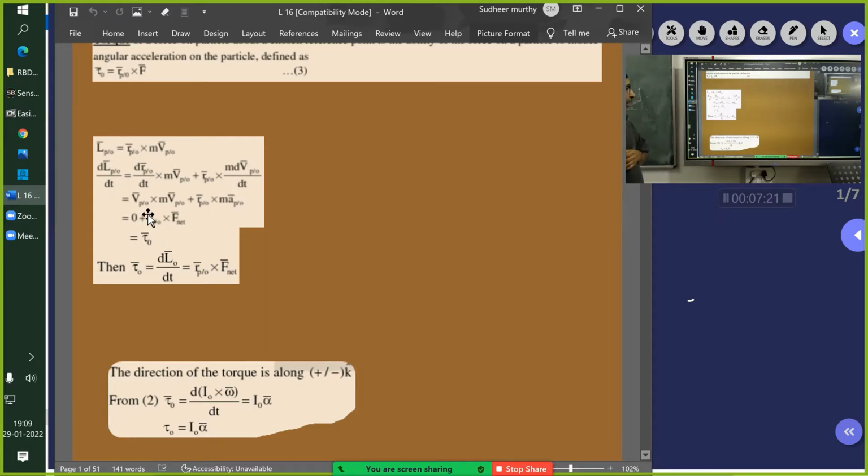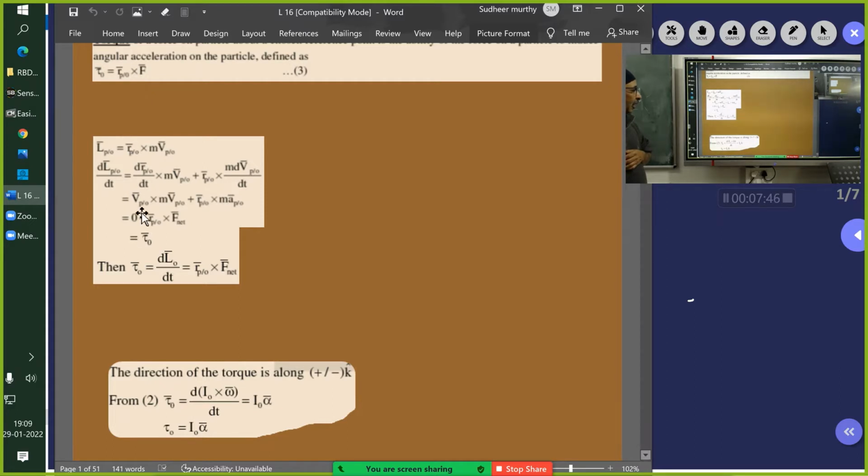You can see here the first term. We'll discuss why it becomes 0 here. The idea here is that tau bar contained F bar.